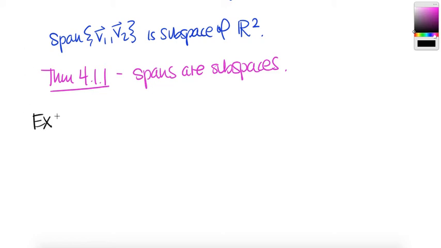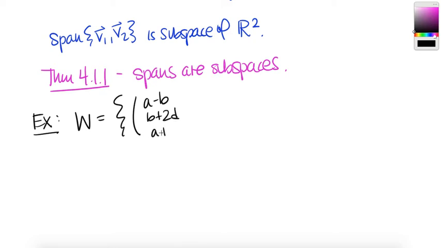Okay, let's do one more example here. Let W be all vectors of the form, say, A minus B, B plus 2D, and A plus C, where A, B, C, and D are, nope, not in R4.